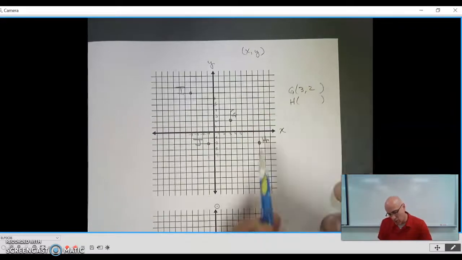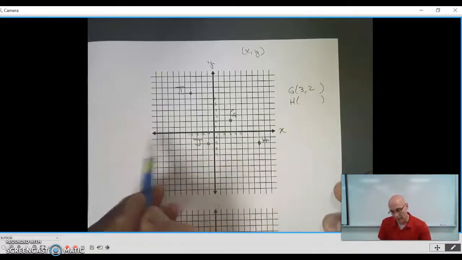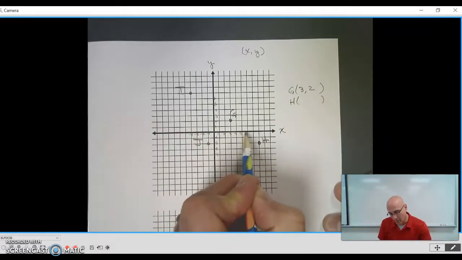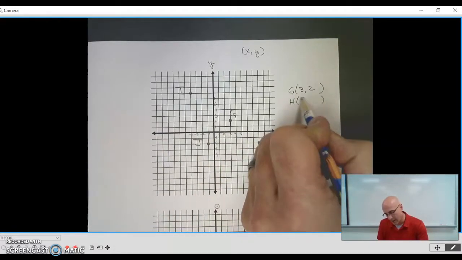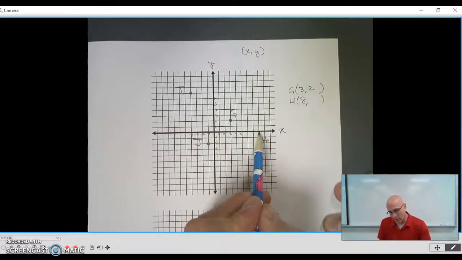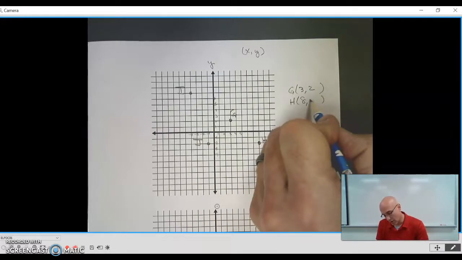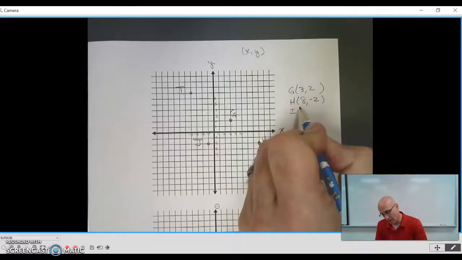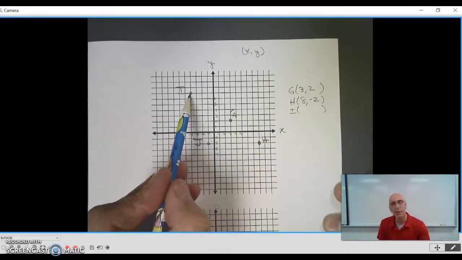Point H, way over here. So now we're going to figure out how many left or right are we going. So we're going to go right, 1, 2, 3, 4, 5, 6, 7, 8. Now we are going to go down 2, 1, 2. So we now label that point, or the coordinates, 8, negative 2. Point I is up here.